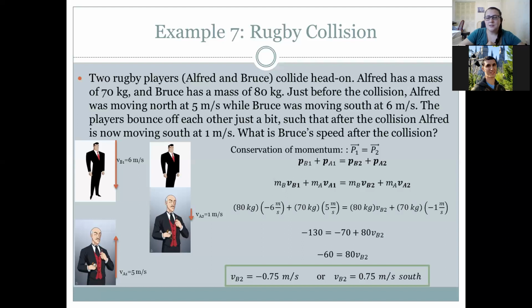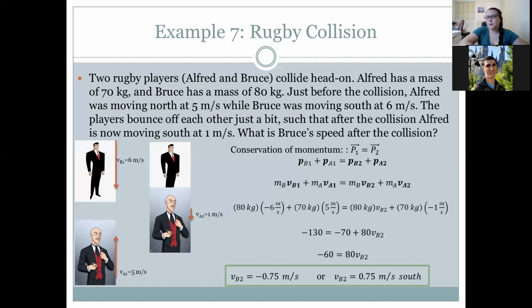Well, in this case, we would not have a perfectly inelastic collision because the two objects are not moving at the same velocity at the end of it. They're not actually sticking together. Alfred bounces off, remember, with a velocity of -1 meter per second. So he kind of bounces off and moves away, like falls away from Bruce a little bit faster than Bruce keeps moving south.